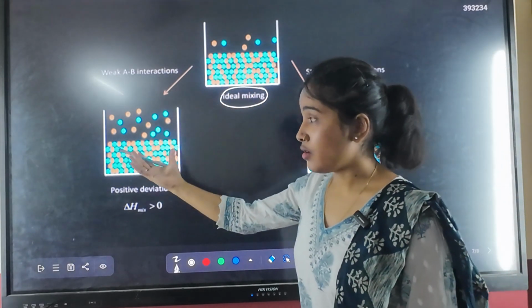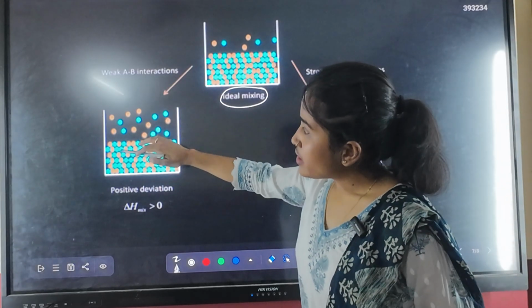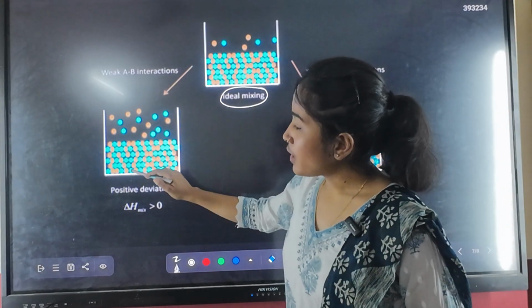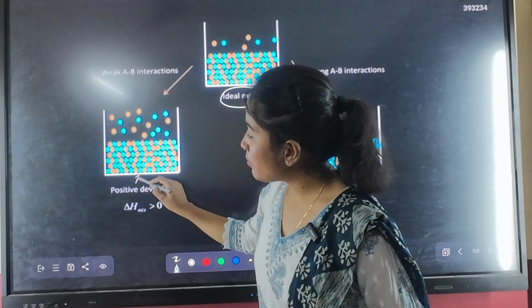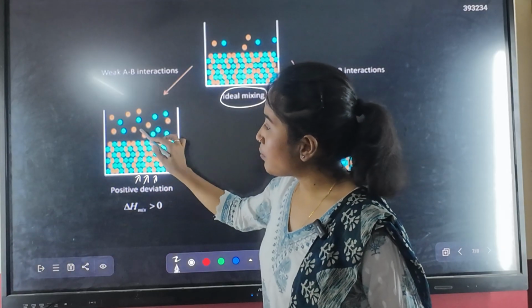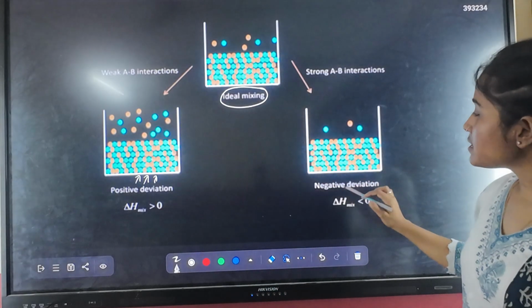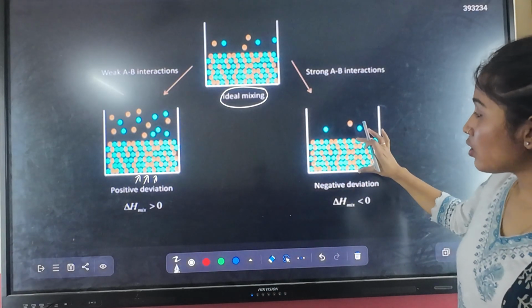But if I take non-ideal behavior showing positive and negative deviation, for positive deviation the AB interaction is weak, and since it is weak, with a small amount of temperature they will break the bond, and see how the components come back to their original state. Similarly, when I see a negative deviation, they have a strong attraction between them.